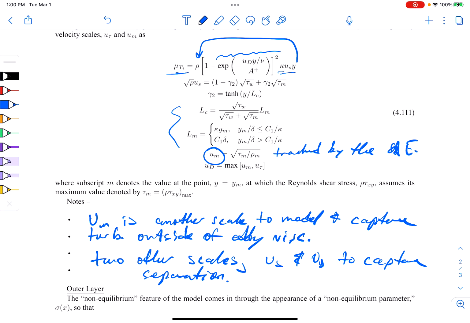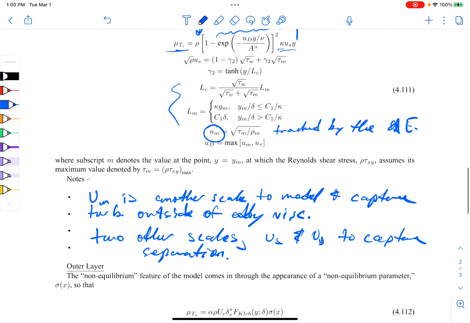So to make this model, there's a lot of empirical functions and terms that were chosen based on physical intuition and matching measurement data to get this to work. Okay.